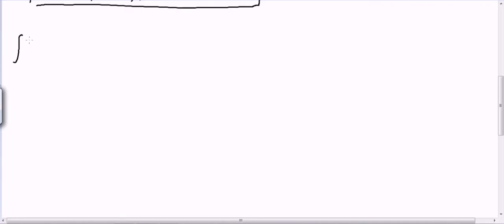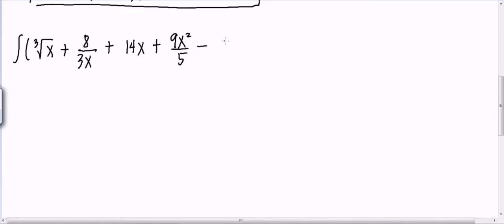So, kunyari, we have the integral of cube root of x. Ito, hinalo-halo ko na. Over 8 over plus 8 over 3x plus 14x plus 9x squared over 5 minus 2 over 3x cubed.